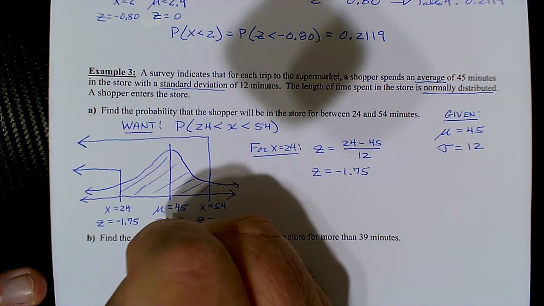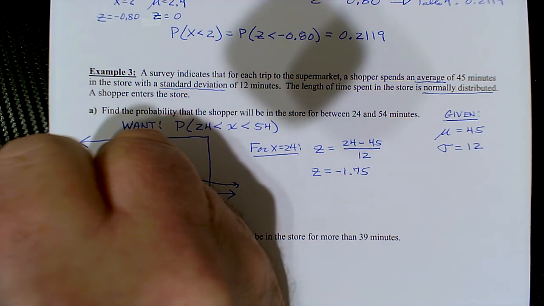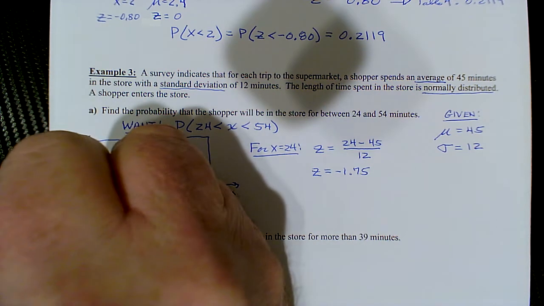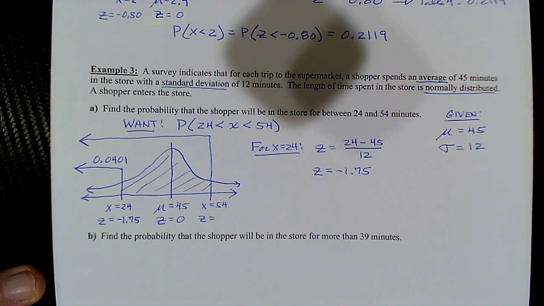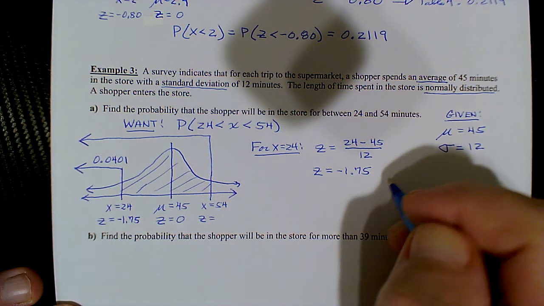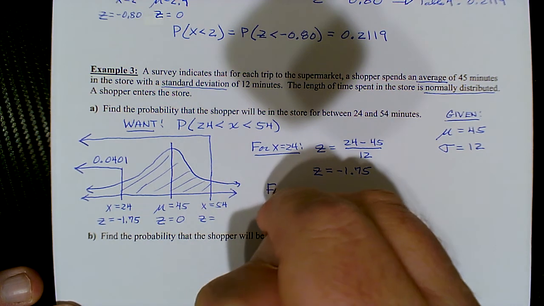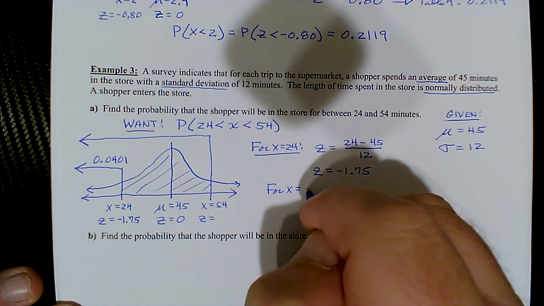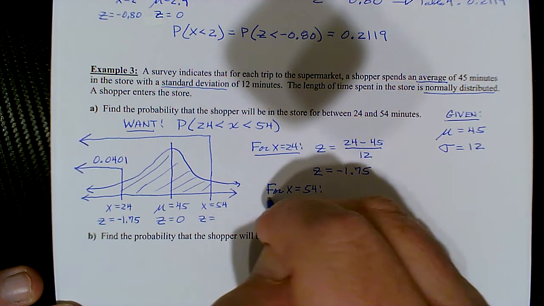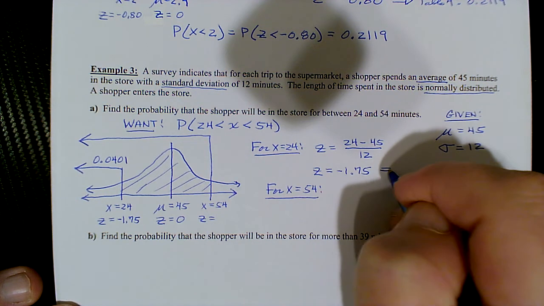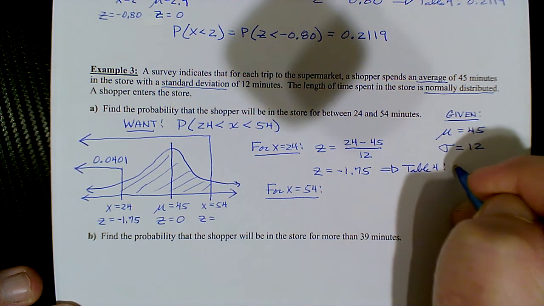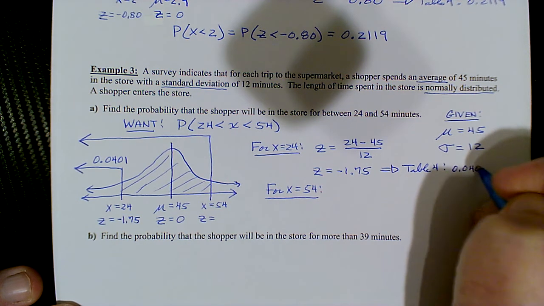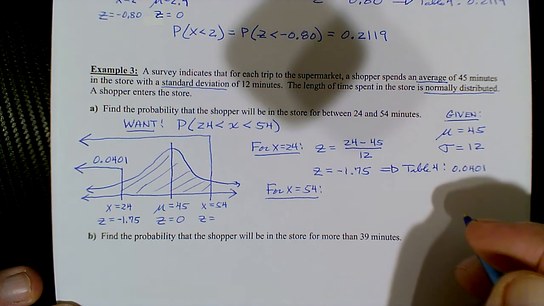And if you want to go to table 4 right away, again, double check so that you're comfortable using table 4. 0.0401. And then do the z-score for x equaling 54. I mean, see, you could do a lot of extra writing. You could say here, then table 4 gives 0.0401. So if you want to do that, that's fine.